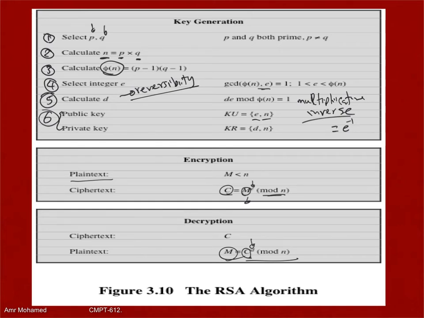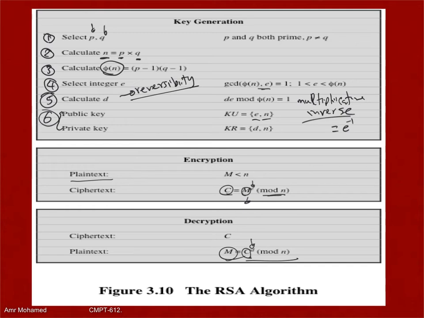The first thing we need to do here: we know that there are two conditions for this RSA algorithm to be valid. The first one is robustness, which comes from the fact that factorizing n into p and q is a mathematically very intensive job, and the only way you can do it is through exhaustive search. Number two is reversibility.